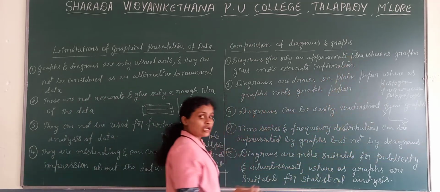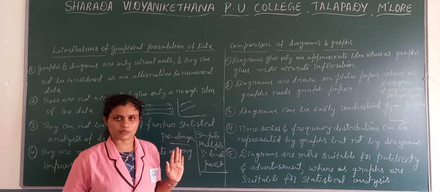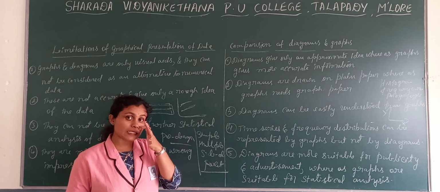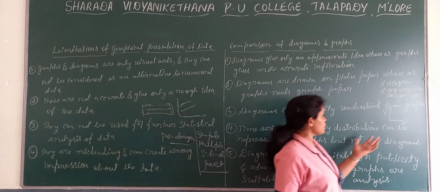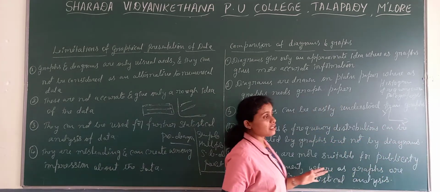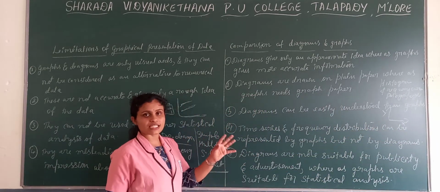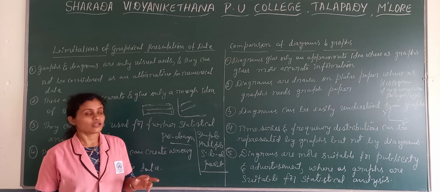Graphs are more accurate than diagrams. The reason is that we use a proper scale, and it is drawn on graph sheet where scales are given in a proper format.